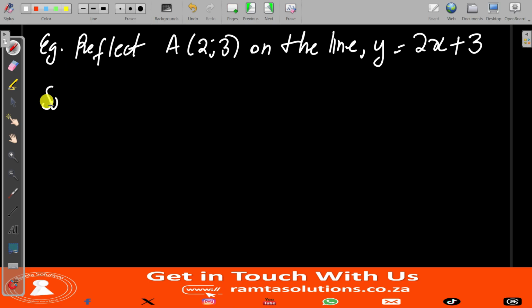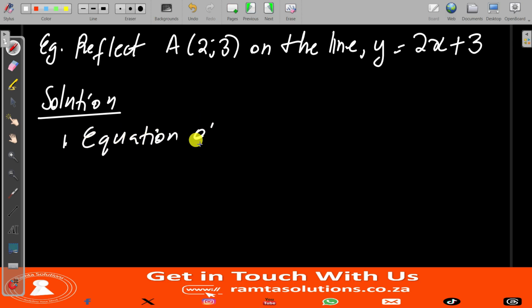Our solution: equation of the perpendicular line. First thing first, the gradient of the perpendicular line will be negative half, isn't it?